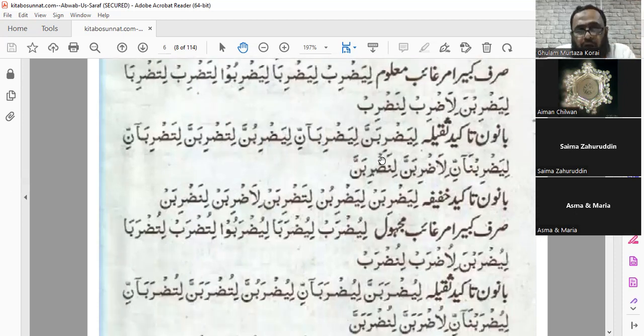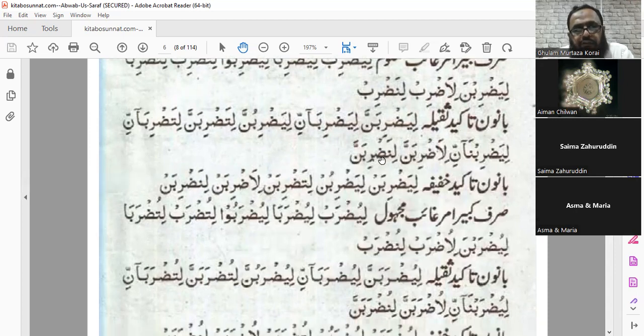Then coming to Nun Taqid Thaqila: Li Yadribanna, Li Yadribanni, Li Yadribunna, ليضربن لتضربن لتضربان ليضربنان ليضربن لنضربن.